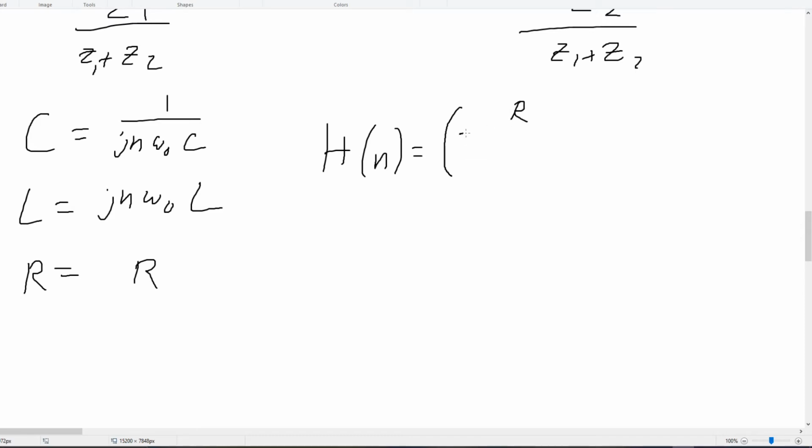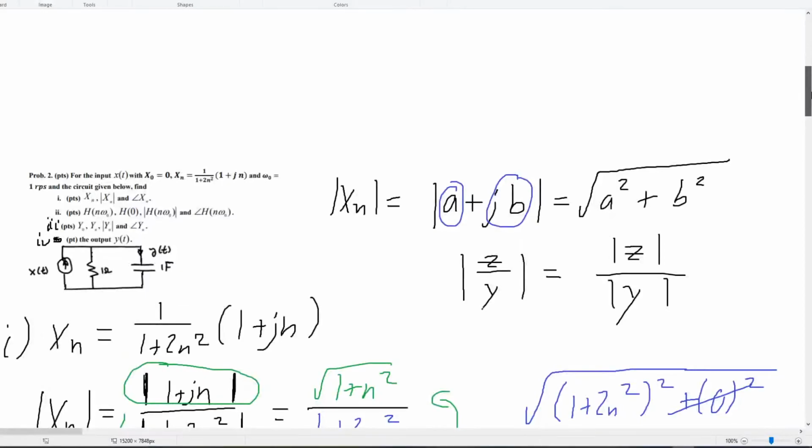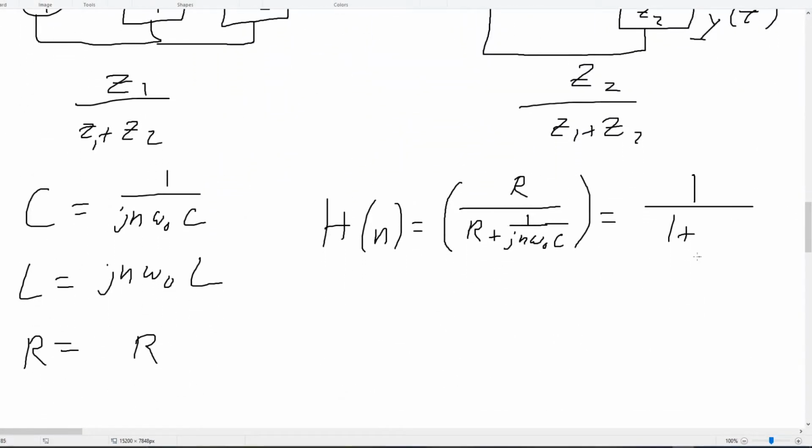So R over R plus 1 over jn omega naught C. And if we sub in the values, this is going to be 1 over 1 plus omega naught, which is 1 as we said before, 1 rad per second, and C should also be 1. Yep, C is 1 farad. So this is going to be 1 over 1 plus 1 over jn.